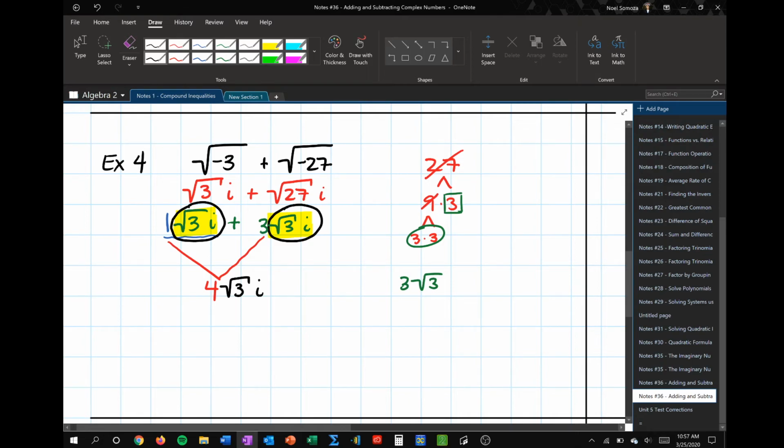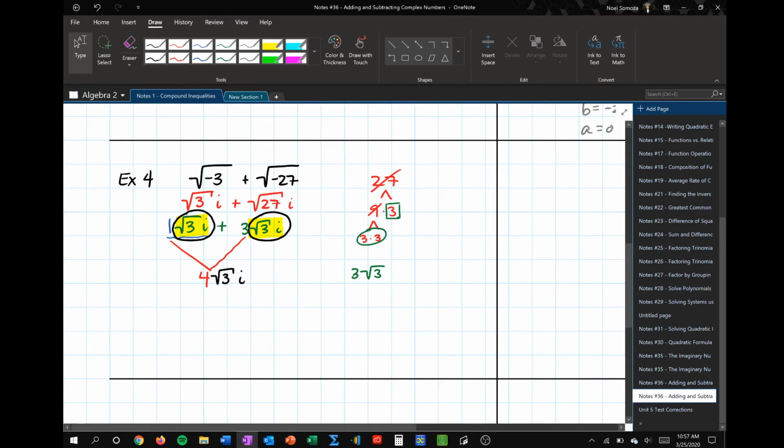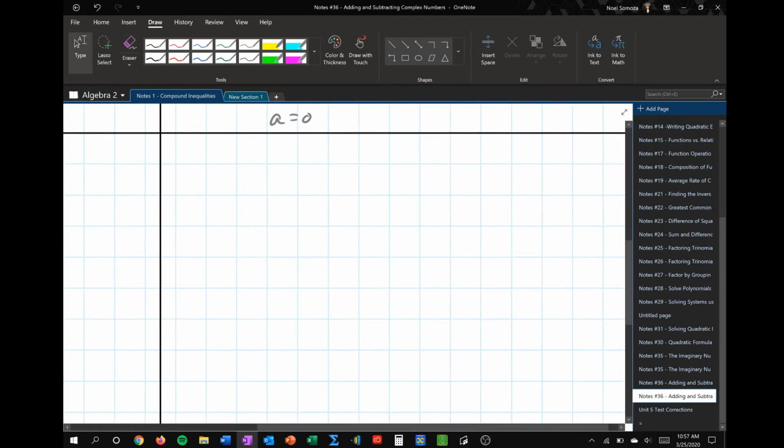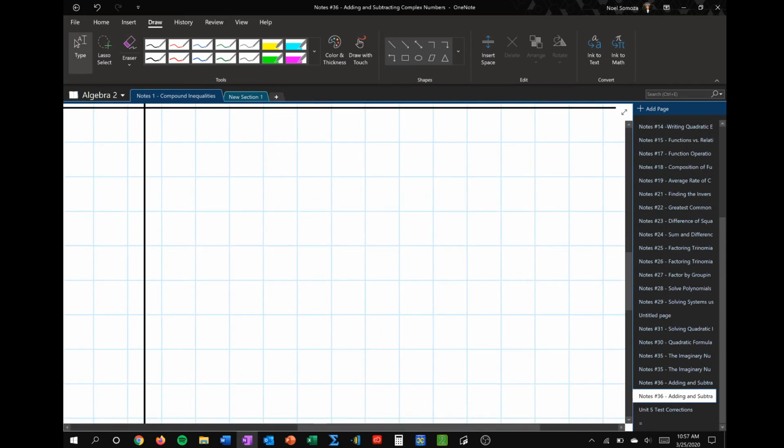Does that help? All right. Okay, so let's move on, and now these last 2 examples, these will be the challenging ones.